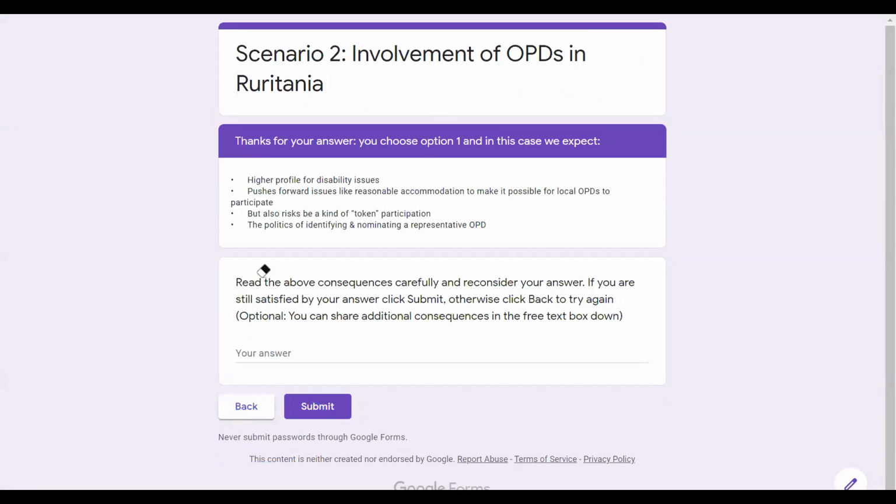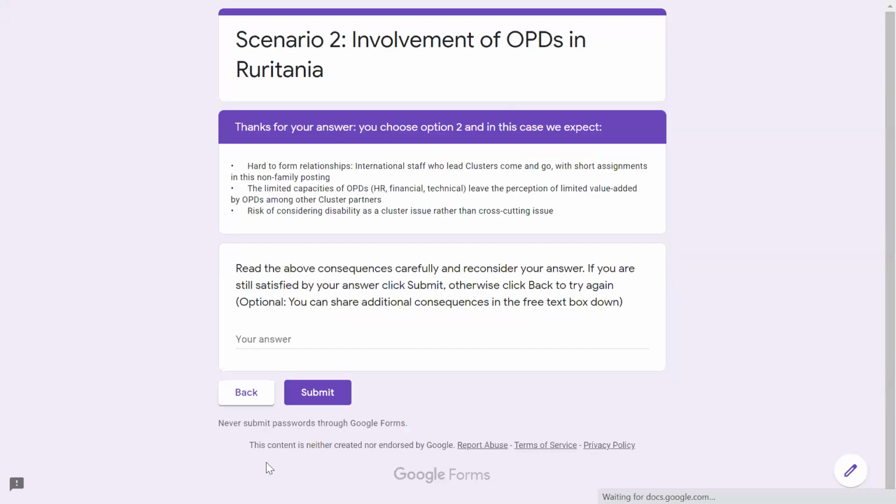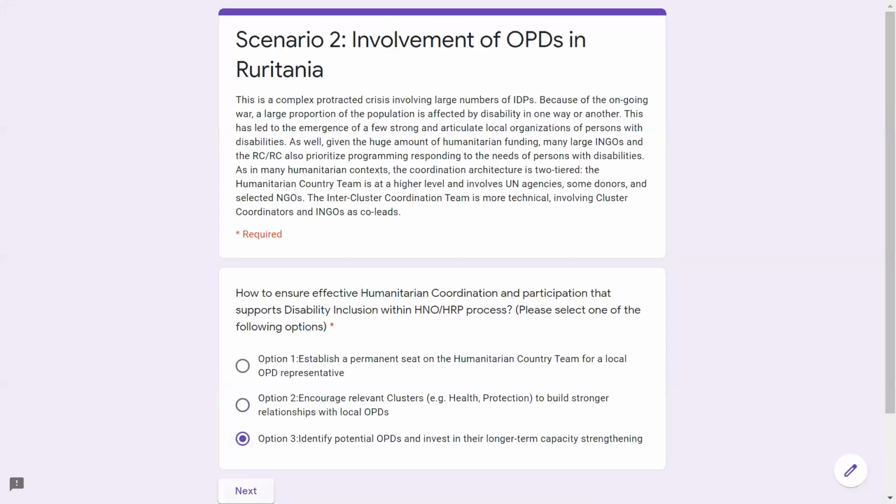You can choose to submit that because it's your preference, because it speaks to your experience, because it speaks to your context. You can add information as well, or you can go back and select another option. We recommend you go through all 3 options to have some of the information there.